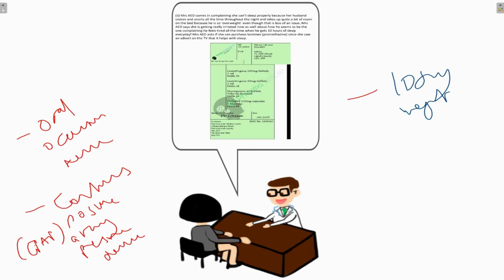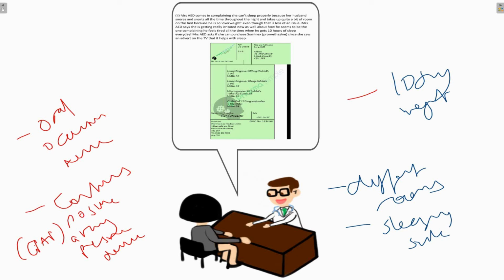In the meantime, other non-drug therapies can be tried, such as the patient or their spouse sleeping in different rooms, or if it is sleep apnea, the husband can try sleeping on his side. Be careful of patient confidentiality when speaking to, obviously, the wife.